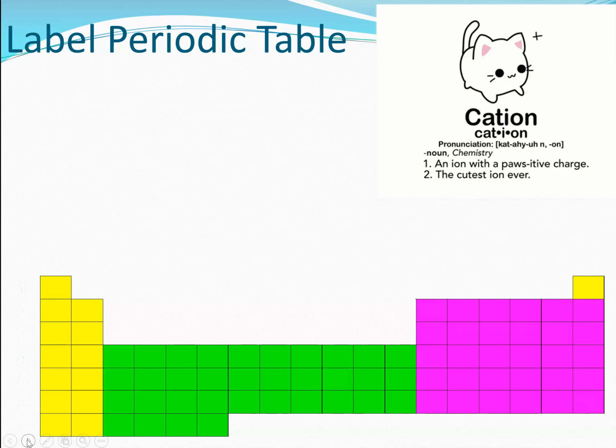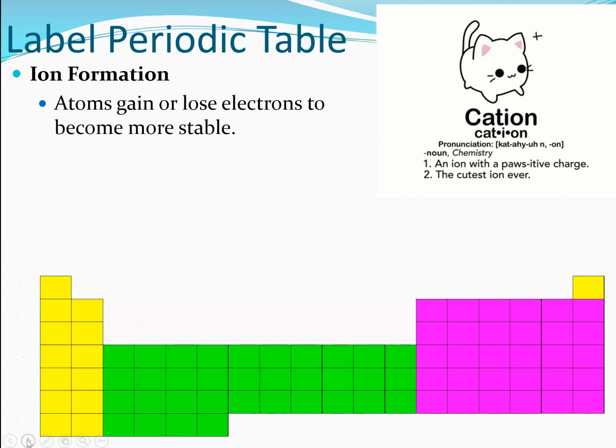Now, we're going to label our periodic tables. So get your periodic table in the middle of your notes, and we're going to label it. One thing that we have to remember is that ions form by gaining or losing electrons to become more stable.